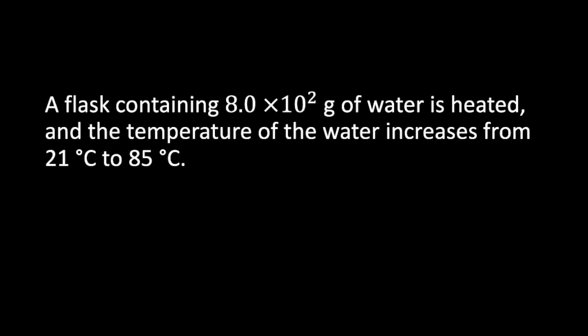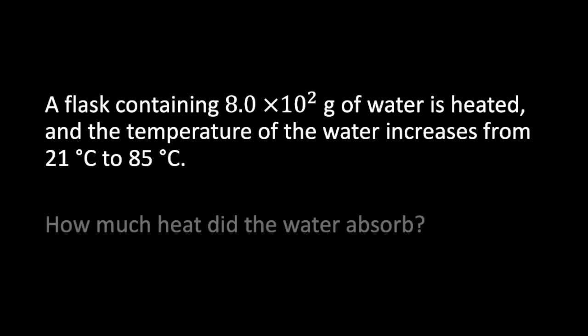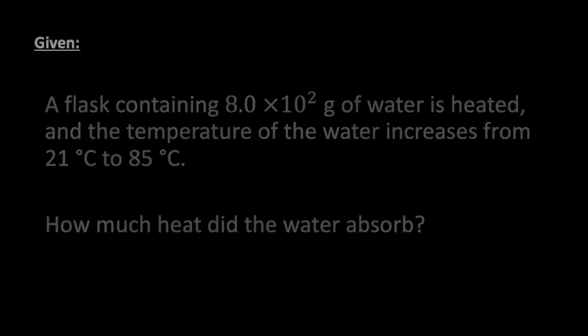Here's another example. A flask containing 8.0 times 10 to the 2 grams of water is heated, and the temperature of the water increases from 21 degrees Celsius to 85 degrees Celsius. How much heat did the water absorb? Well, let's see what we've been given.